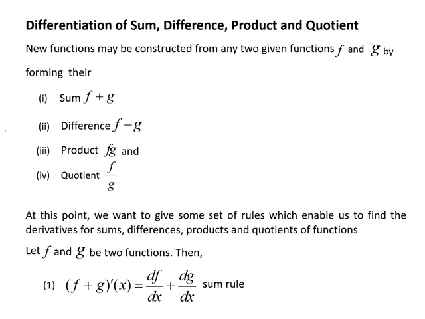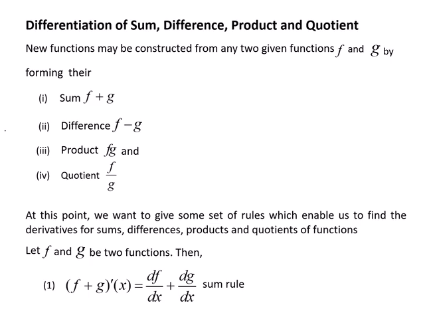So at this point, we want to give some set of rules which enable us to find the derivatives for sums, differences, products, and quotient of functions. So we are now taking it one after the other.